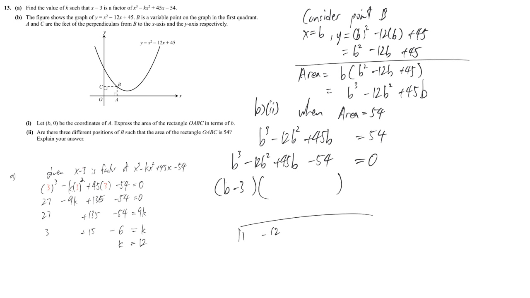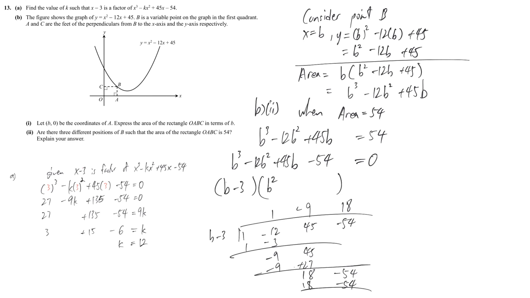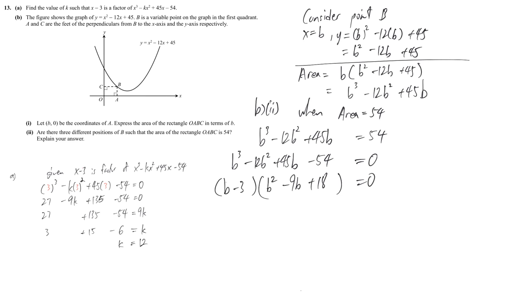So with coefficients 1, negative 12, 45, negative 54, divided by b minus 3, we know the other factor is b squared minus 9b plus 18 equal to 0. And then continue with the usual zero product rule. So b equal to 3 is the first possibility.